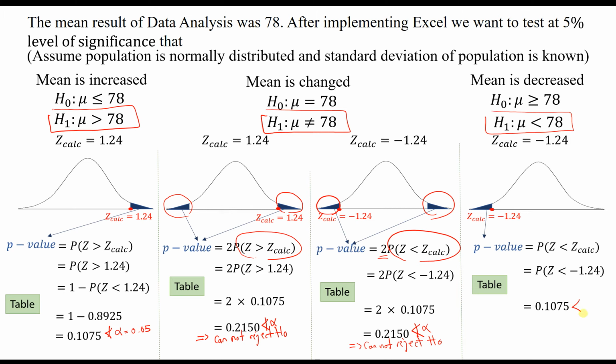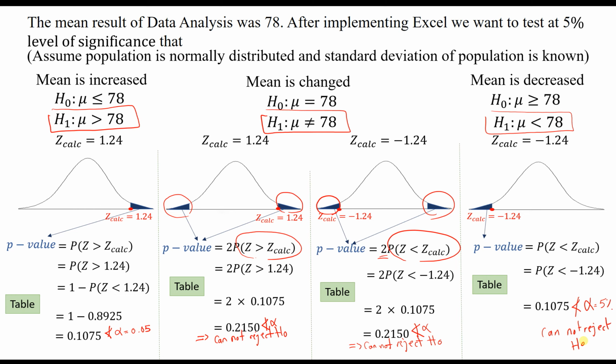Actually, the p-value here is again not less than alpha. Alpha is 5%. So here we cannot reject H0.